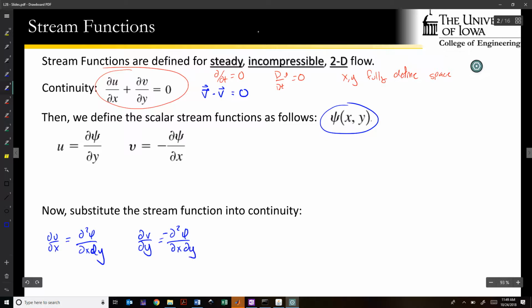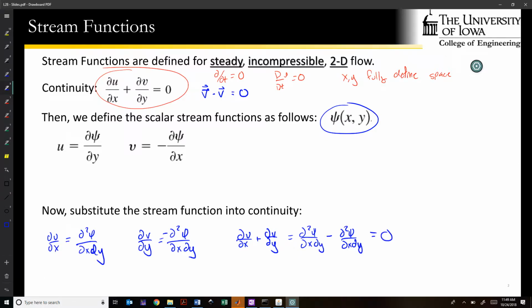So du dx plus dv dy, our continuity equation, can end up being d squared psi dx dy minus d squared psi dx dy, which is always going to be 0. So the point here is that any time you define a velocity field based on some function using these expressions, that velocity field will satisfy conservation of mass.